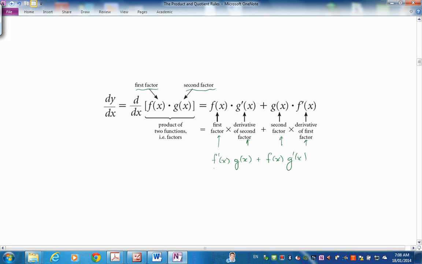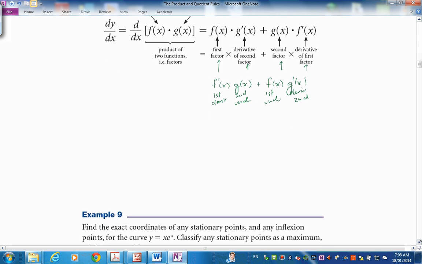And remember, first derivative, second unchanged, and then first unchanged times derivative of the second. That pairing up. Okay, just reinforcing that there.